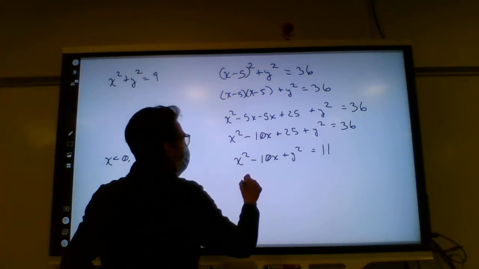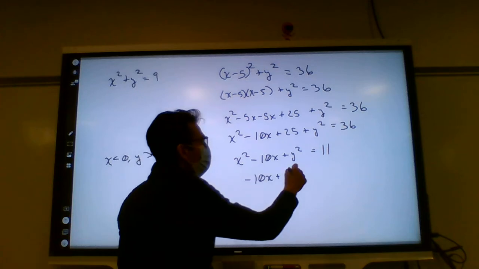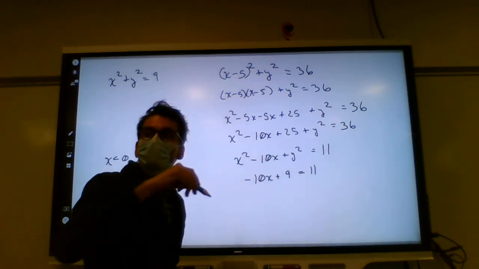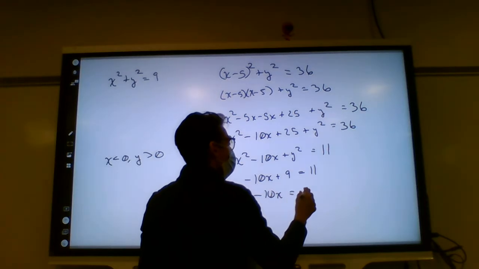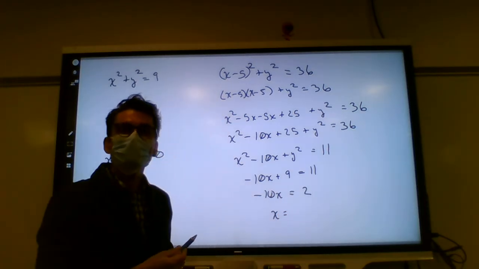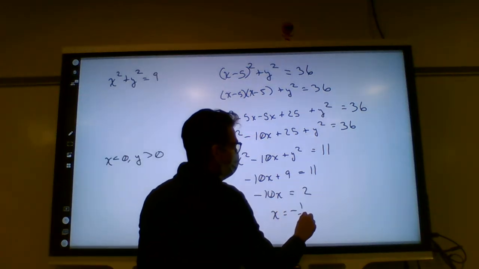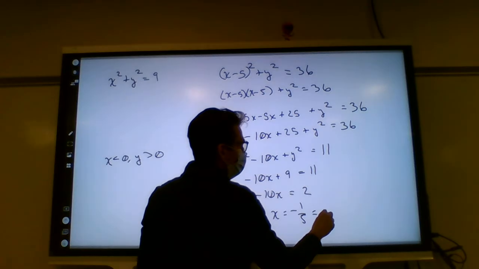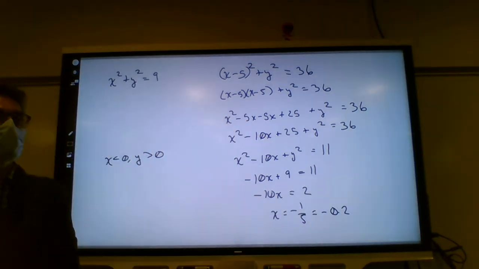We know that negative 10x plus 9 is 11. So now what? Negative 10x is 2. So x is negative 1/5. Or if we wanted to write it as a decimal, negative 0.2.